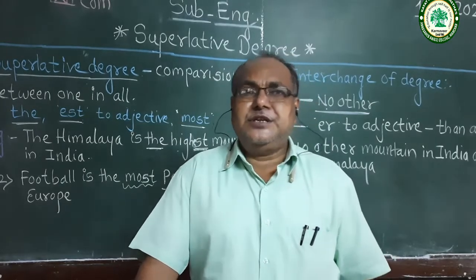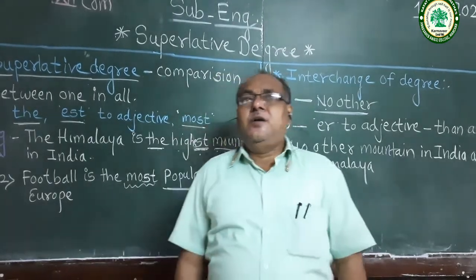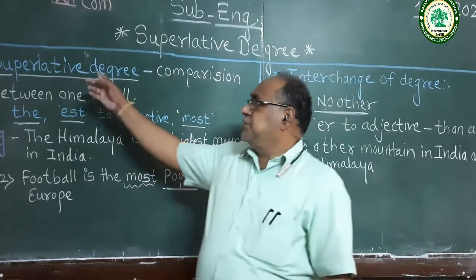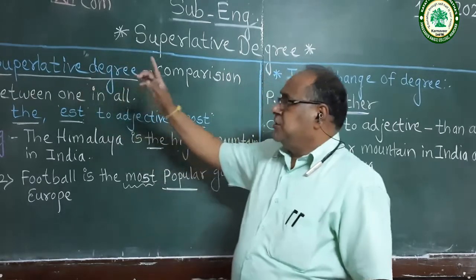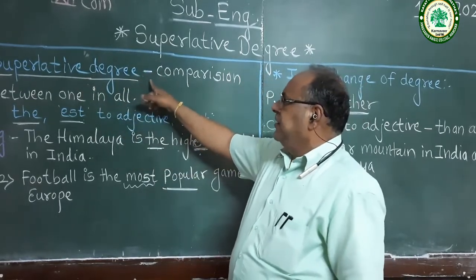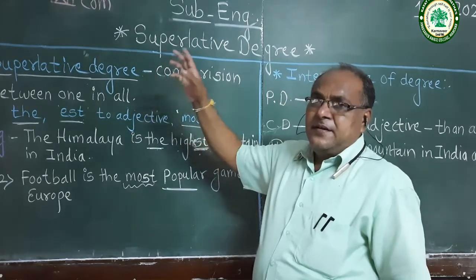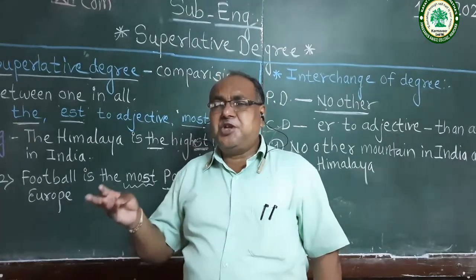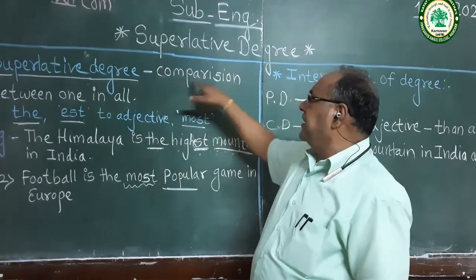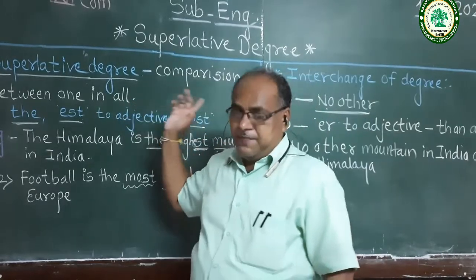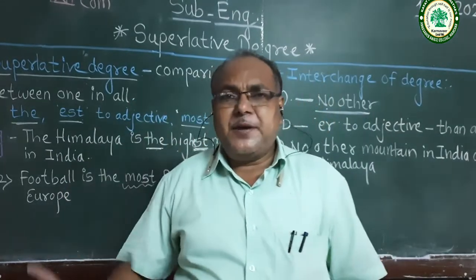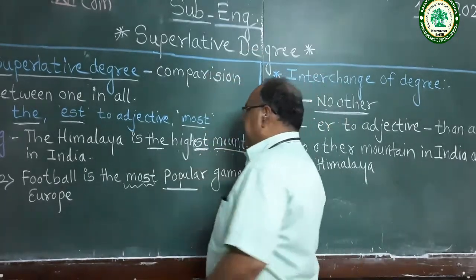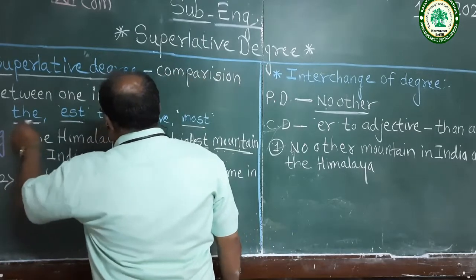And now in today's lecture we are going to deal with the third important type of degree, that is superlative degree. How can we identify that a given sentence is in the superlative degree? Remember one thing, in a superlative degree there is a comparison between one and all, and the definite article the is used before the adjective.